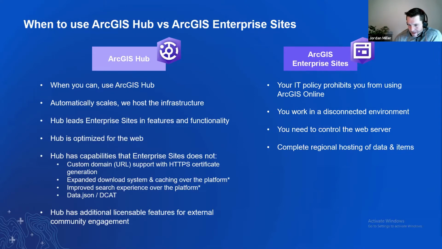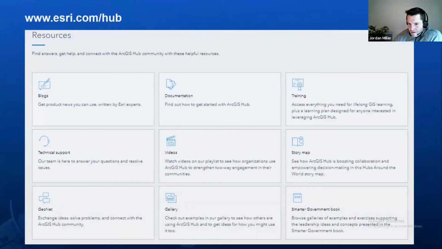I want to make sure we have plenty of time for some walkthroughs here. So what I will leave off with here is that's a very short URL, which doesn't always happen that way. There's some great resources out there. It has everything from some of the different blogs, the change log in Hub.